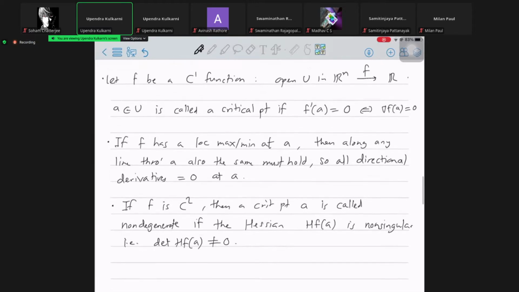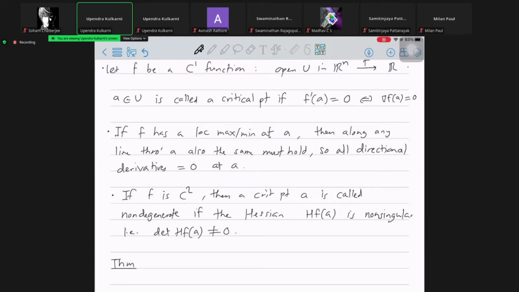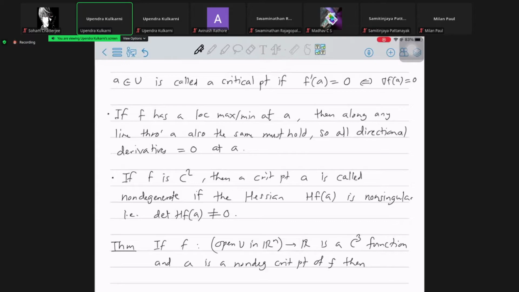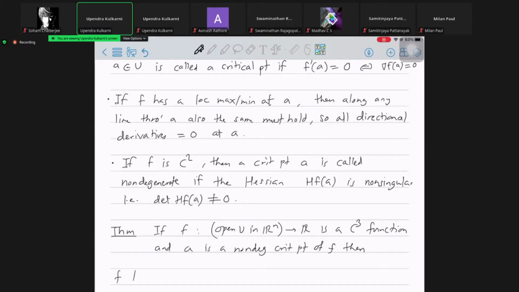So the theorem is the following. If f from open U in Rn to R is a C3 function, and A is a non-degenerate critical point of f, then f has a local minimum at A if and only if H is positive definite.